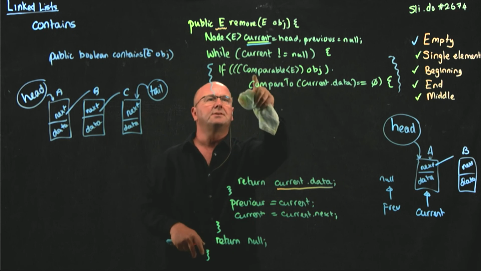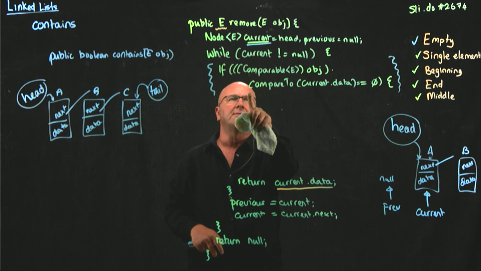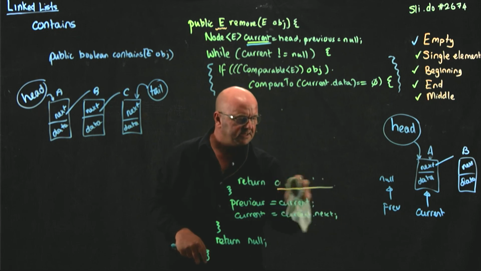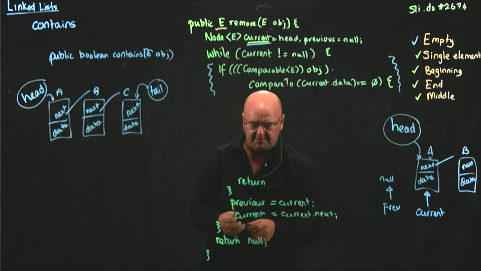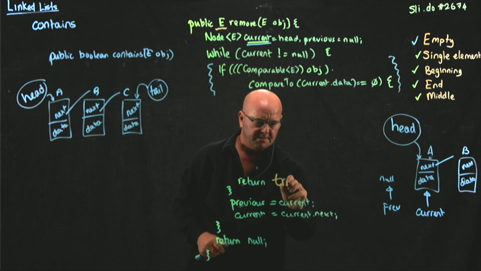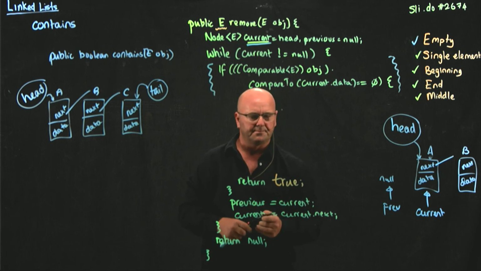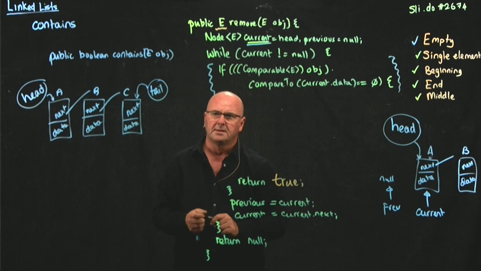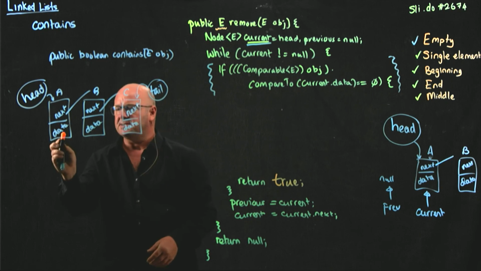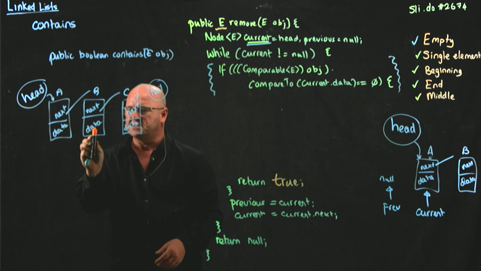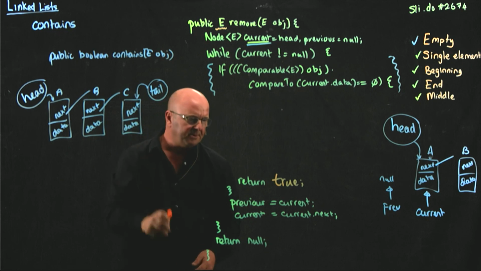In fact, all I want to do is use this comparable method, and if it's there, I'm going to return true. Because all I'm doing is just checking, I just need to know, is this what I'm looking for?